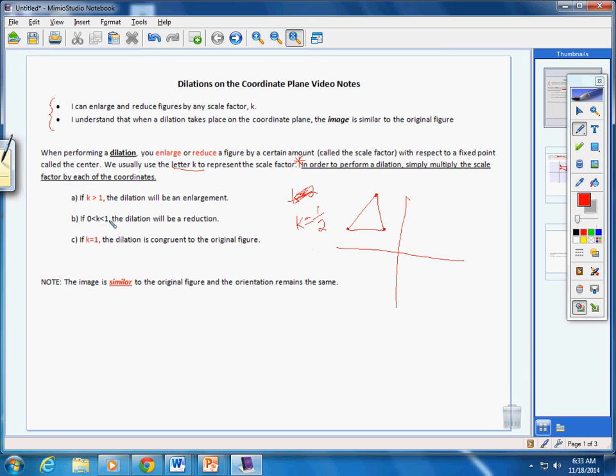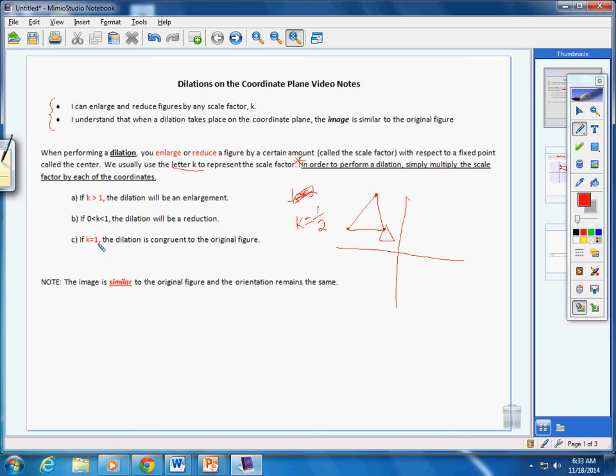Those numbers are between 0 and 1. What happens when you multiply numbers by 1/2? Well, you're really cutting the number in half. So our triangle is going to shrink. These points are going to get closer together, and they're going to be somewhere down here. Okay? So when you multiply numbers by a fraction that's between 0 and 1, the numbers get smaller.